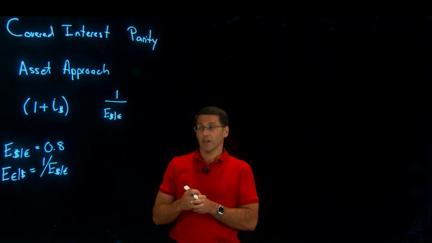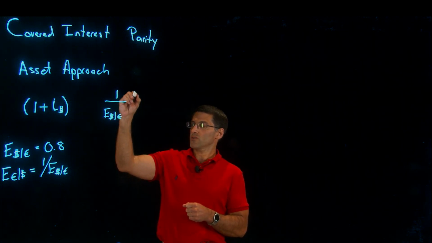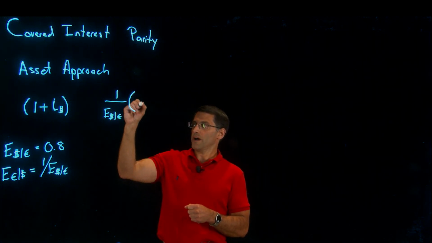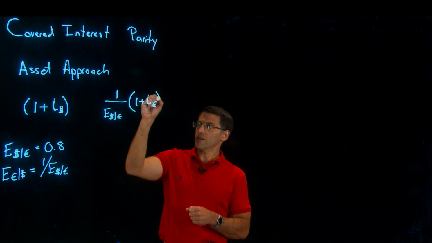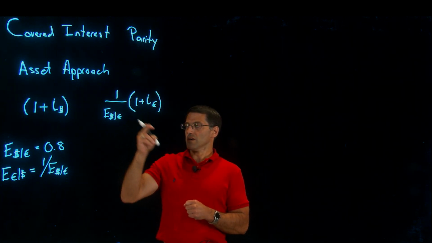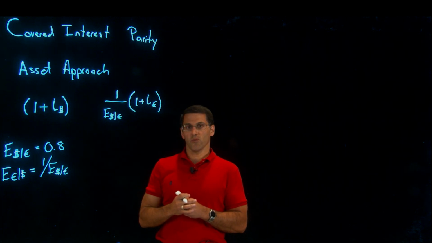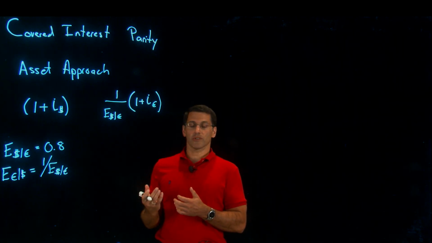Now, at the end of 1 year, I will take this number of euros and multiply that by 1 plus the interest rate that's being paid in the Eurozone, okay? So that is how many euros I will have at the end of 1 year. Of course, now I need to convert that back into dollars.